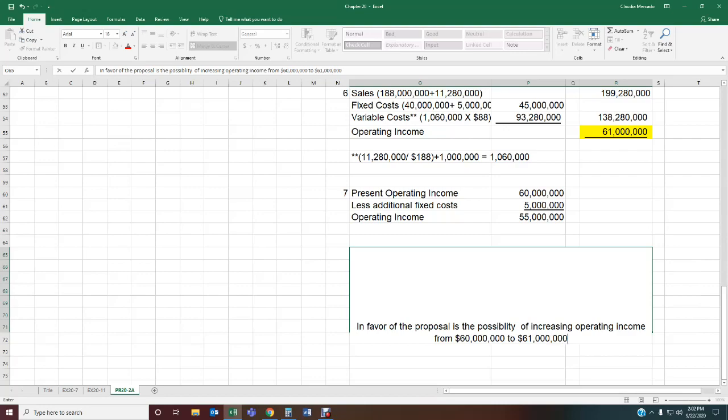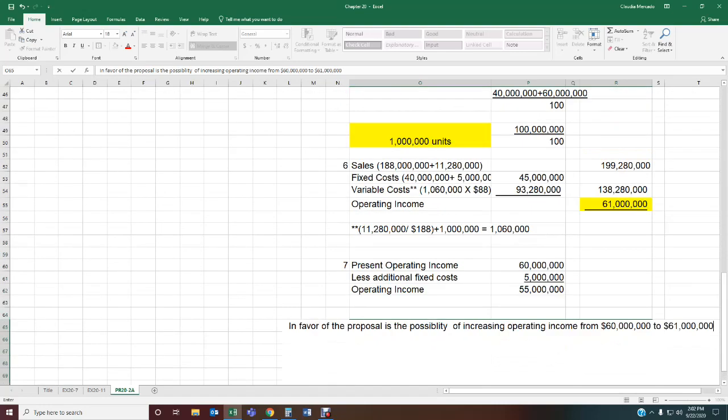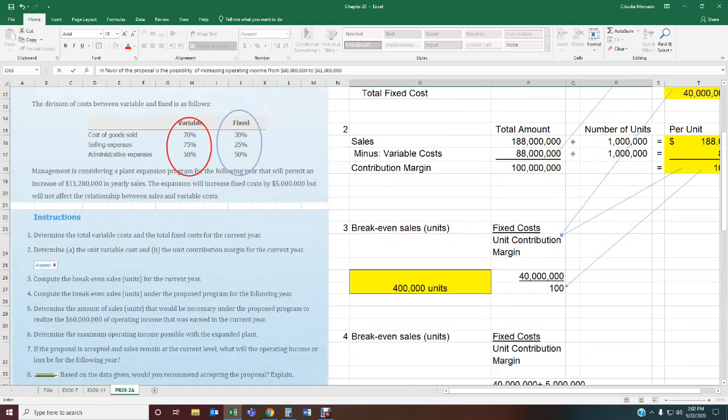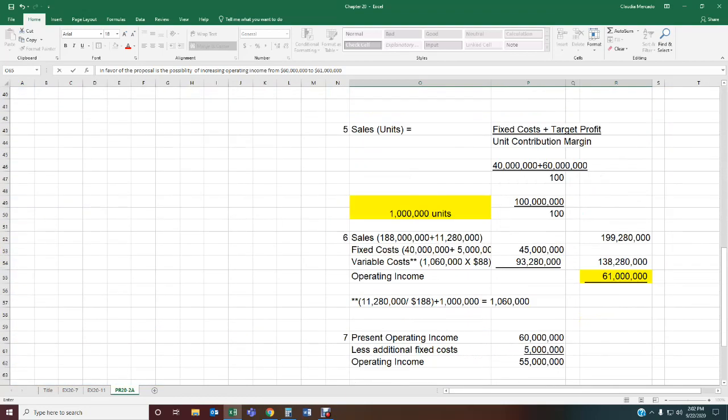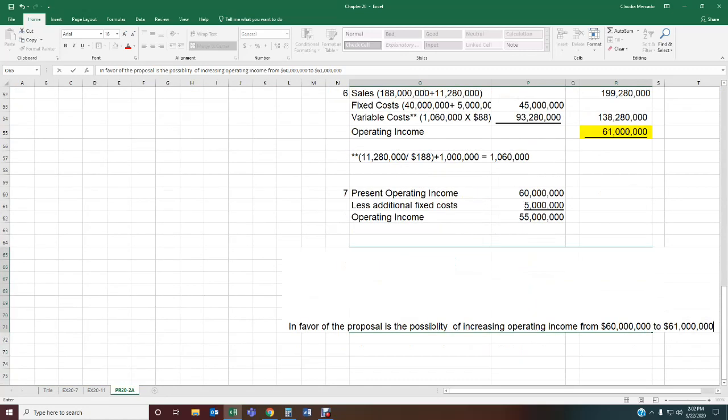Okay. And that was calculated. We would go from operating income of 60 million that was given over here to my operating income of 61 million in case our sales increased by what we said it was going to increase.